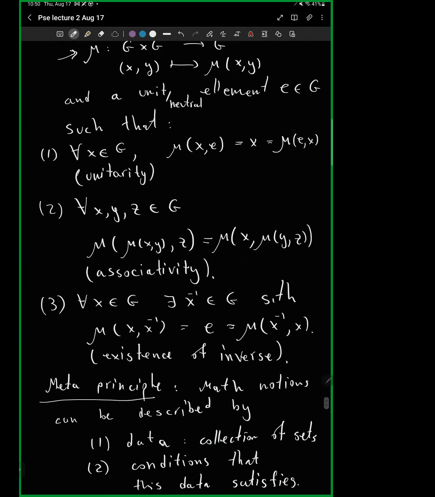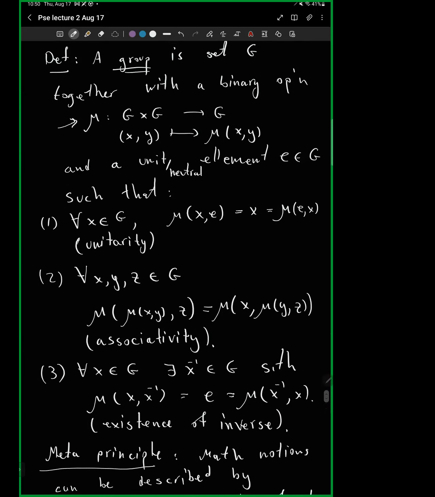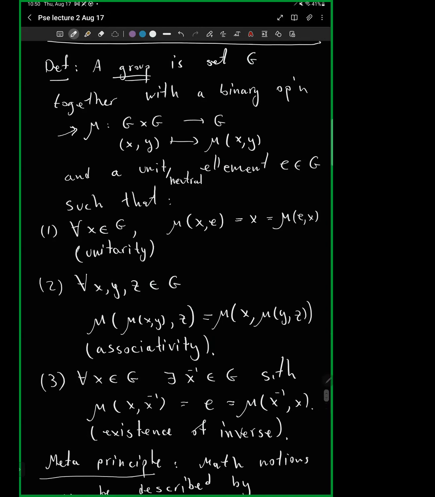So if you think about this meta principle in the definition I gave for a group, you could say that the purple part is the data, and the yellow part is the conditions.